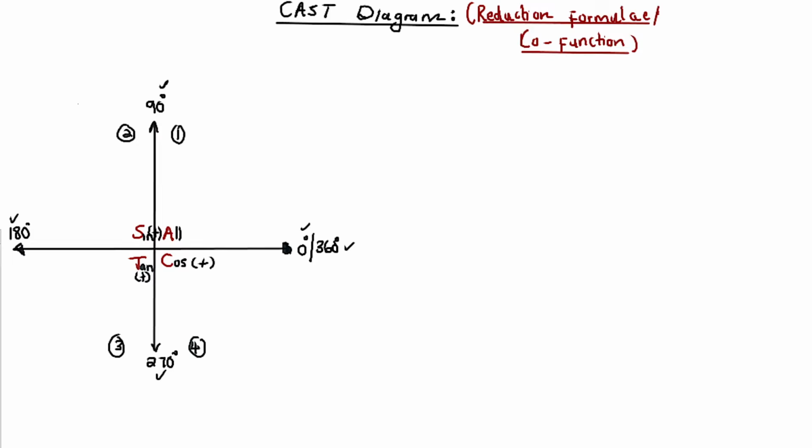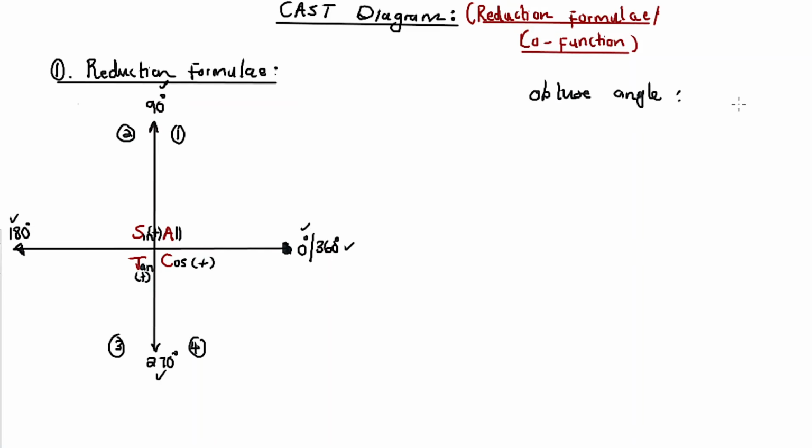The first set of formulas that we're going to discuss is called the reduction formula. We use the reduction formulas for reducing angles that are above 90 degrees. What is an obtuse angle? An obtuse angle is any angle that is bigger than 90 degrees but less than 180.